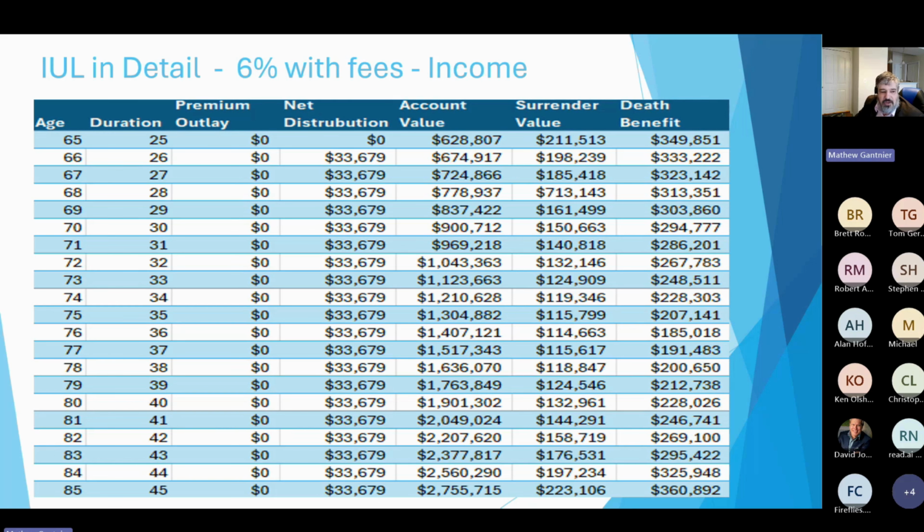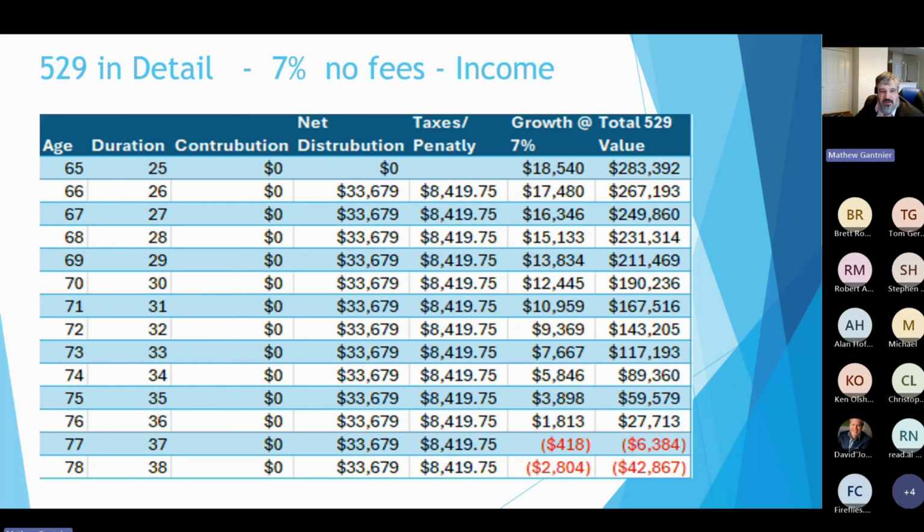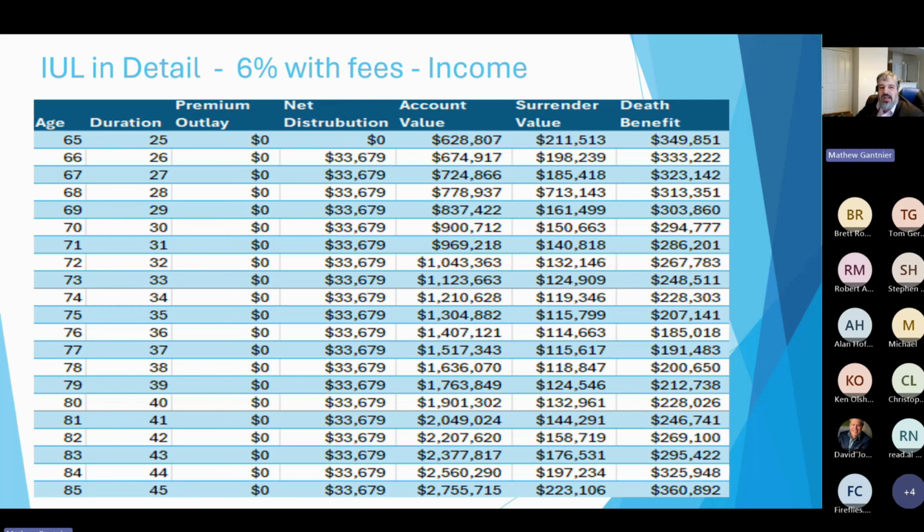Now, when we compare that to an IUL, you're going to have that same death benefit protection on top. The surrender value is different, so it's 211 versus previous 283. So once again, the account value in the 529 is higher for the cash value than the IUL. But the IUL is able to give you that same 33,000 and some change distribution. This is just standard 20 years max distribution for starting at age 66.